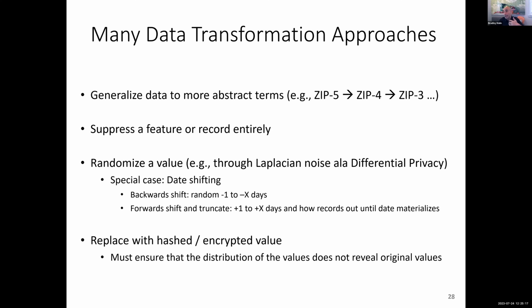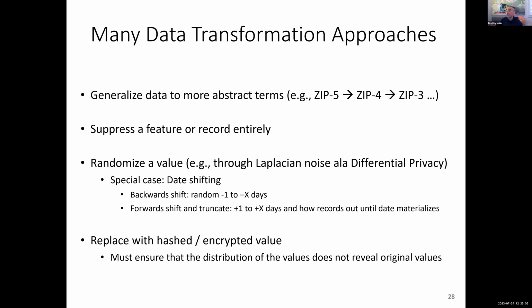You could do it on a uniformly distributed approach, or you could do what differential privacy techniques do, which is select some value according to some Laplacian noise distribution, right? And then you could do backward shifts or forward shifts on dates, but it depends on expectations.